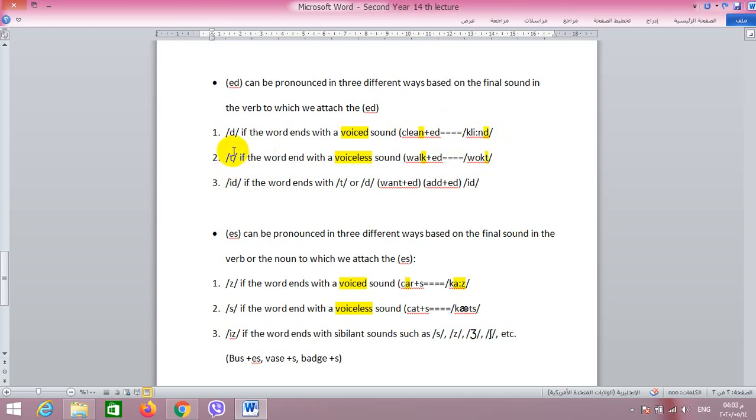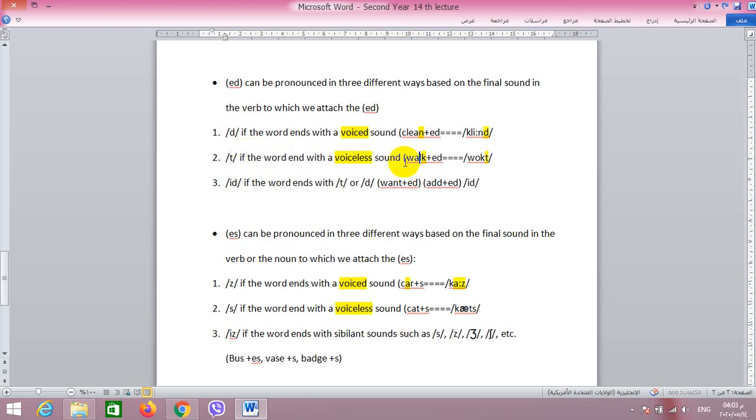But what happens if we have a voiceless sound like t? We can take k, for example, because I have given walk as an example. K is a voiceless sound.